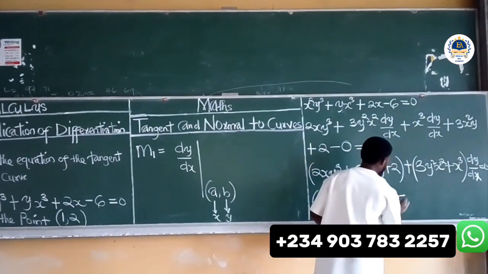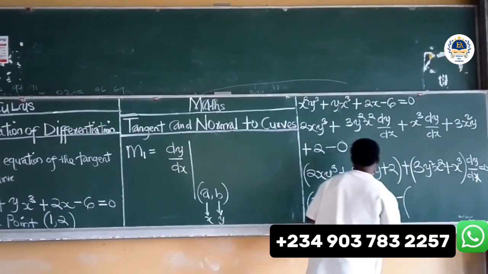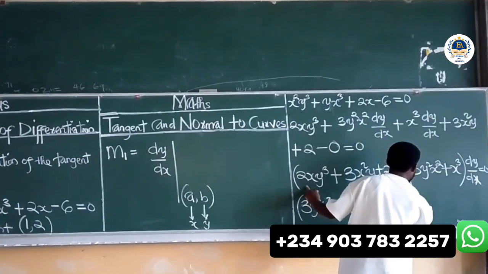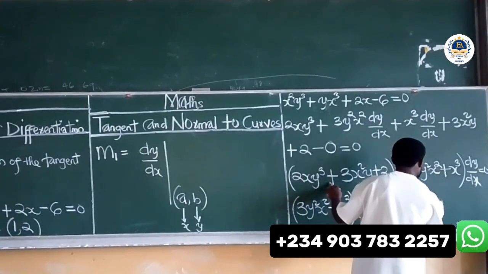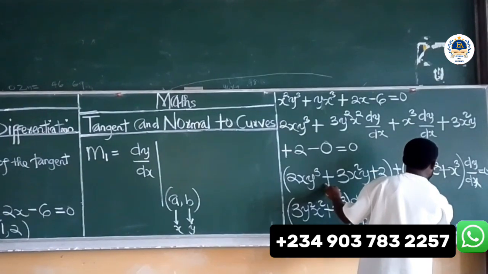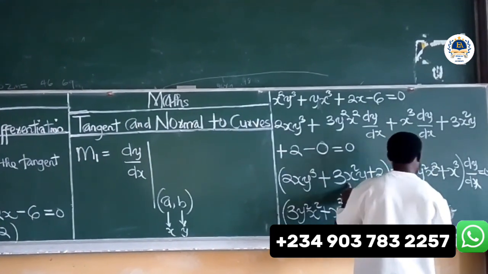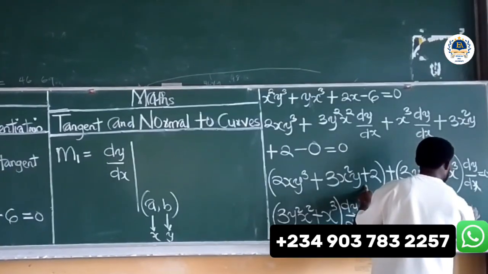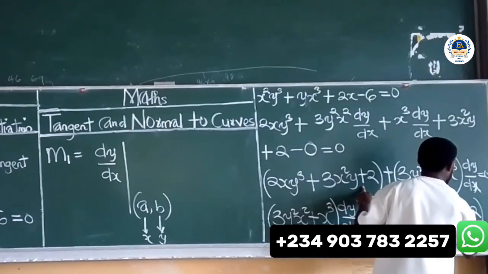So we have minus, bracket open, 2xy cubed plus 3x squared y plus 2.